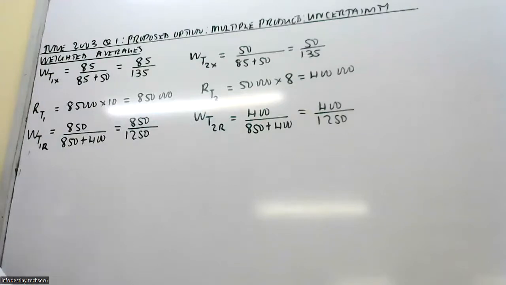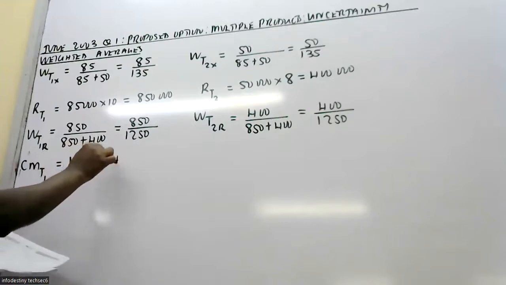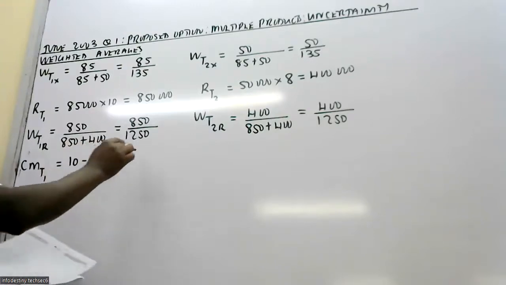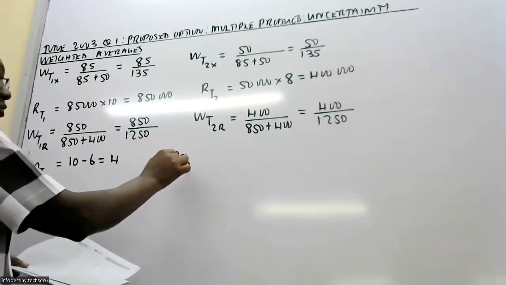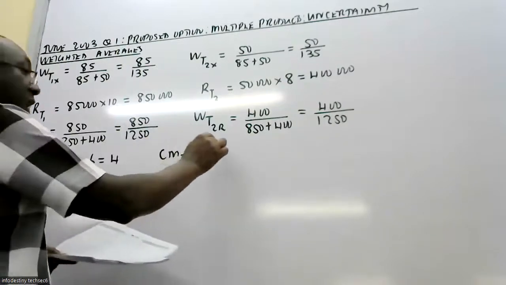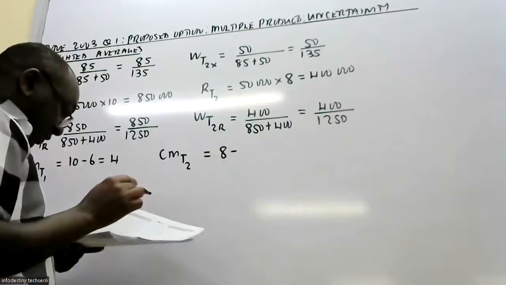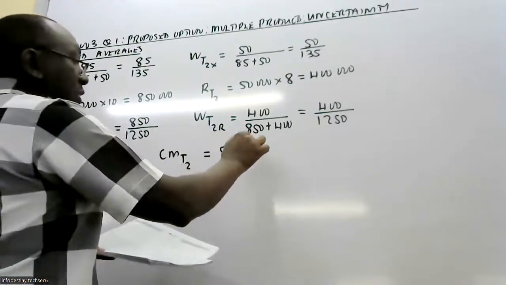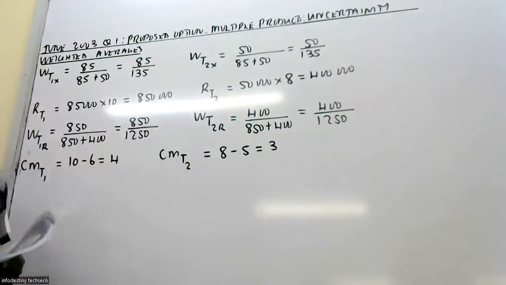From there, we need to get the contribution margin of T1. The contribution margin of T1 is 10 shillings minus the cost. The cost of T1 is 6, so that is 4 shillings. Contribution margin of T2: T2 is coming to sell at 8 shillings and the variable cost is 5 shillings, so that comes in as 3 bob.